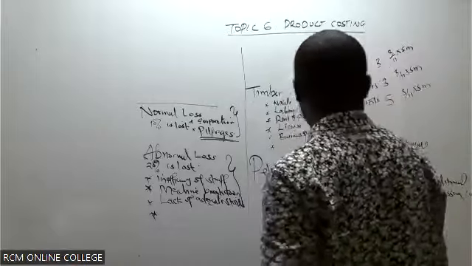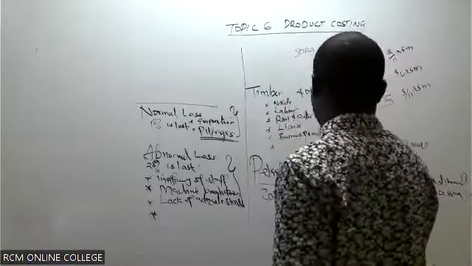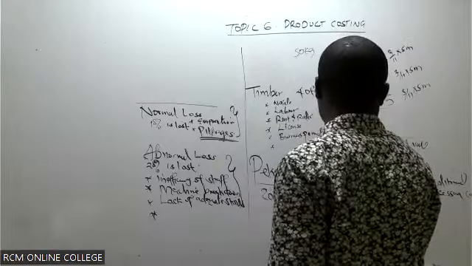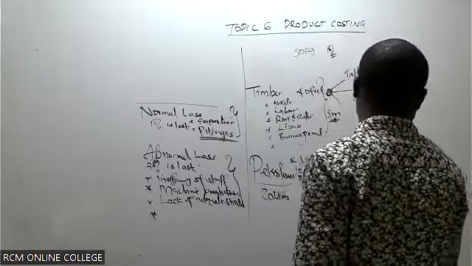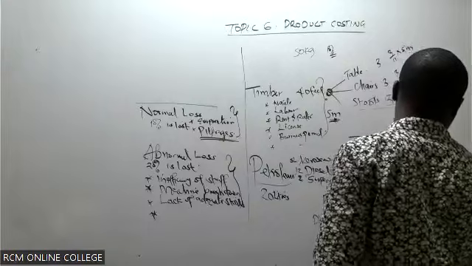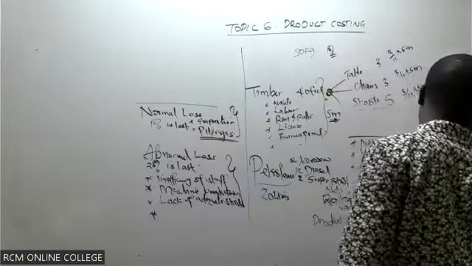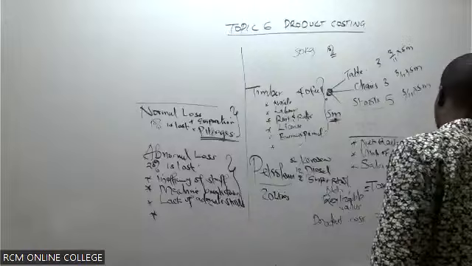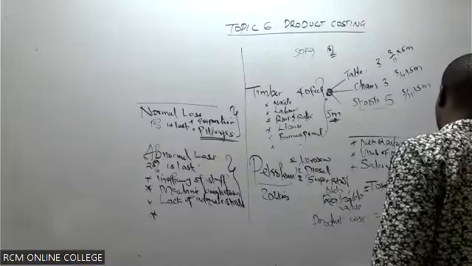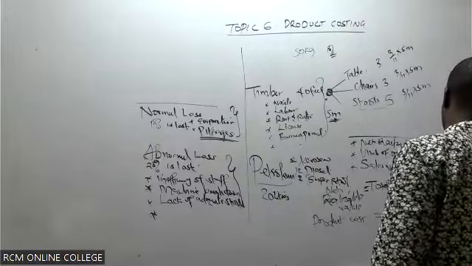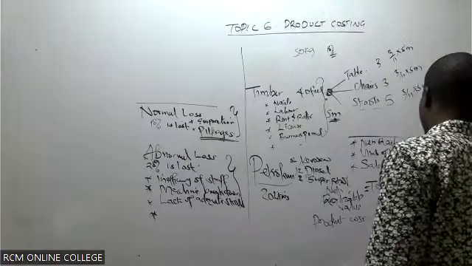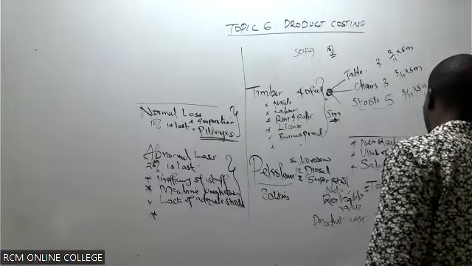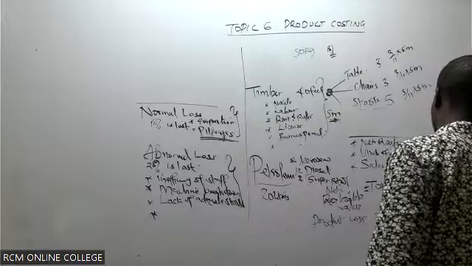So how do we get the product cost? Product cost is equal to total costs of inputs divided by expected output.